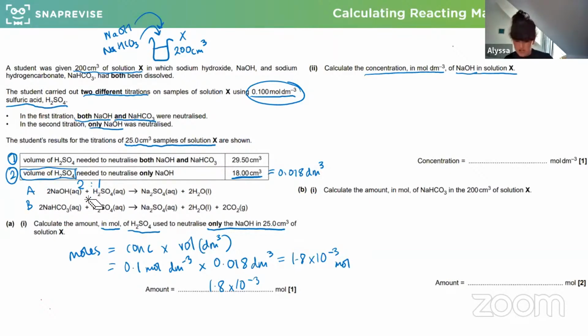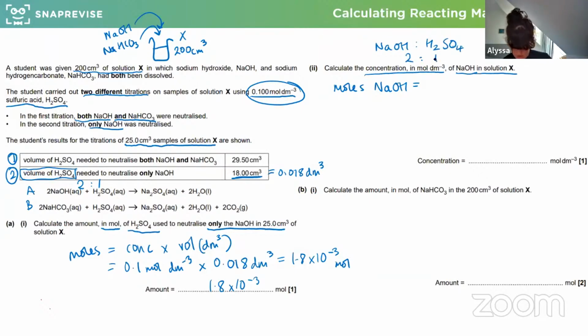Because it's a 2 to 1 ratio, our moles of sodium hydroxide, if our moles... wait, let's do it up here actually. So sodium hydroxide to H2SO4 is 2 to 1.